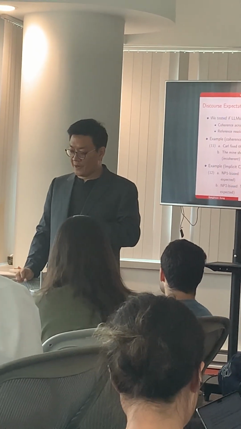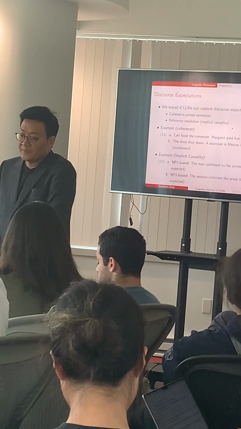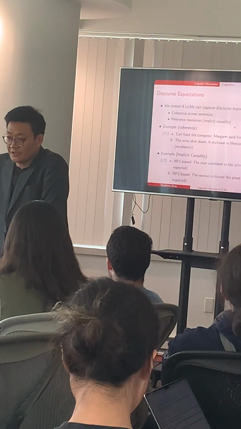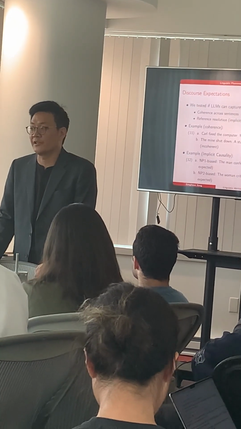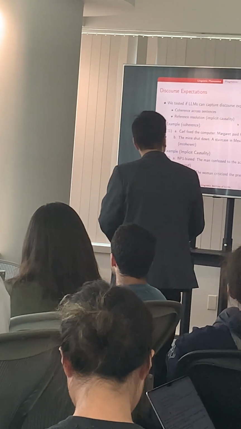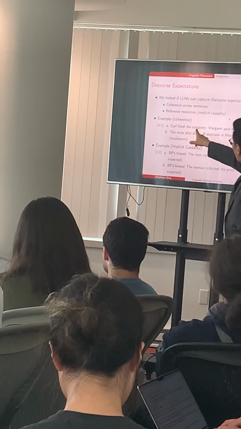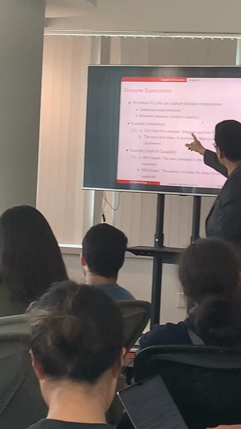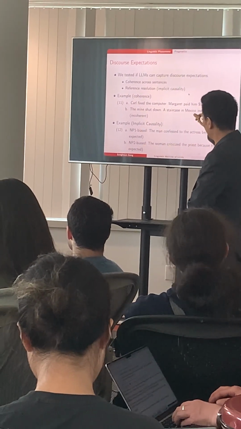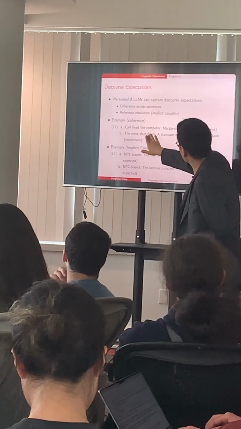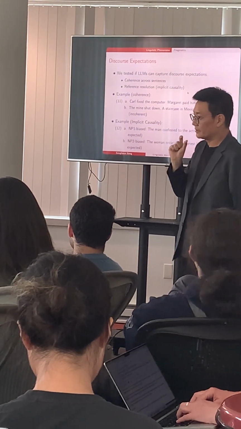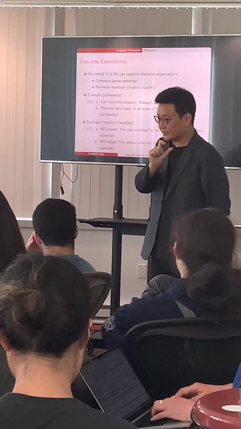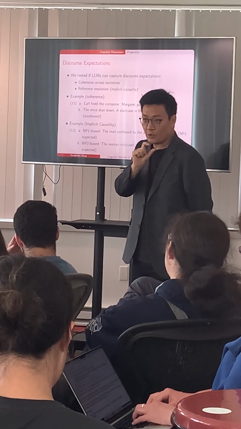Okay, and then pragmatics. So this one is the discourse expectation, which is carried out with only English data. For example, this one: Carl fixed the computer, and then Margaret paid him $50, and then the mine shut down, and so on. In this case, as I told you before, the next sentence prediction would be quite important.